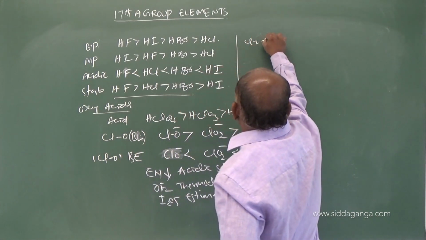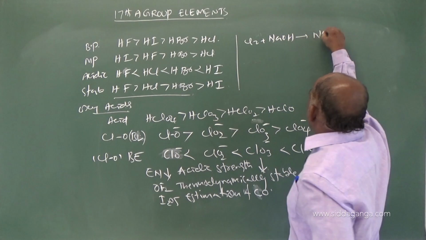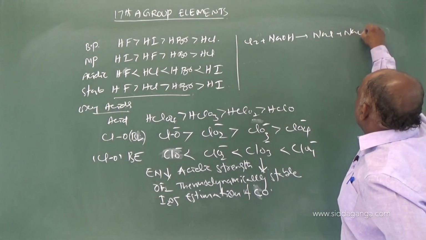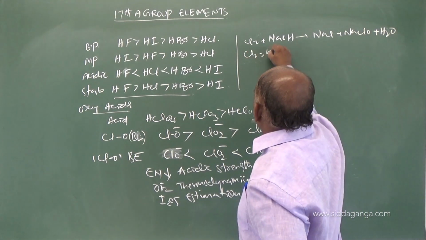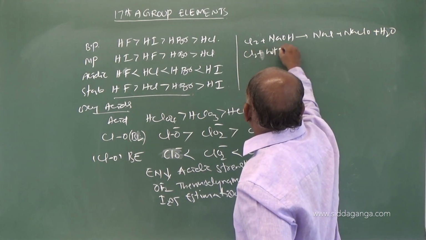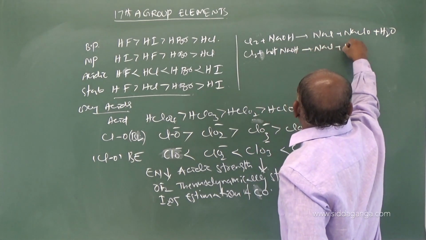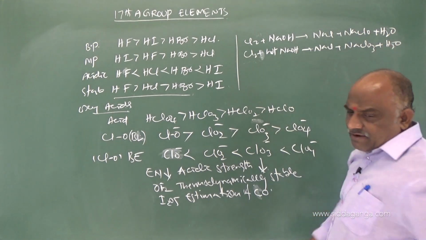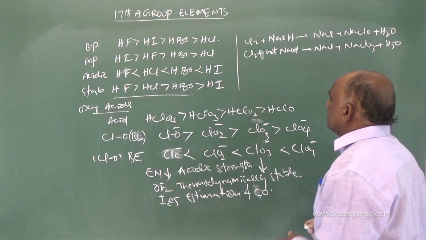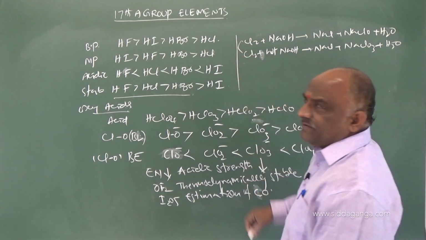And Cl2 plus NaOH gives rise to NaCl plus NaClO plus H2O. Cl2 plus hot NaOH gives NaCl, NaClO3 plus H2O. You should concentrate, these points are very important because they can ask these in the examination, you should balance them. We already balanced them in the previous classes, clear?